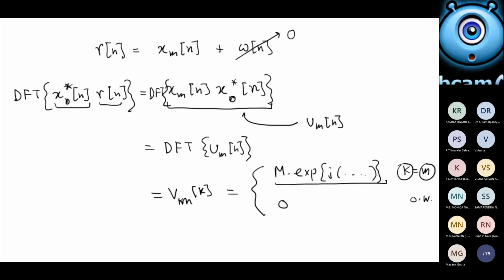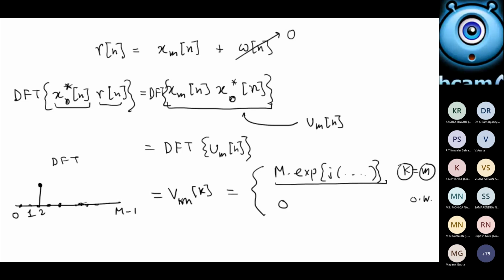That would be the mth symbol. So we would look at the final DFT output. The DFT output will have total M samples, of which, let us say, sample number 2 is non-zero and everything else has to be 0.